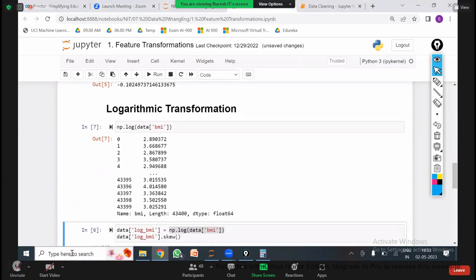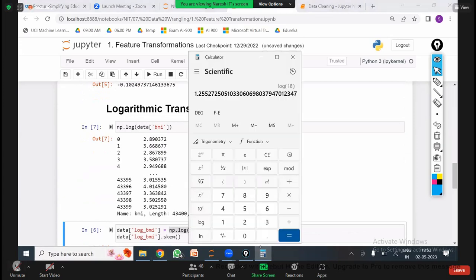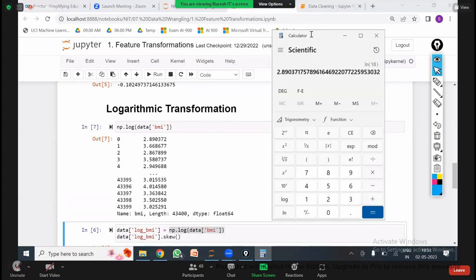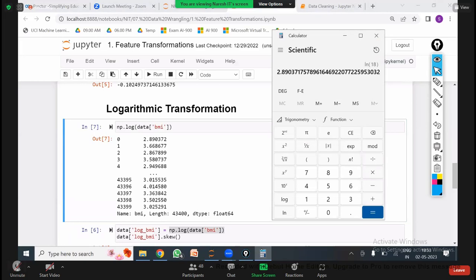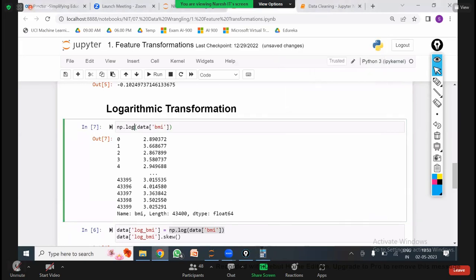That is 2.89. So whatever the 18 is there, that is the log to the base e. Whenever you are applying the log transformation, by default it is applying the log to the base e.